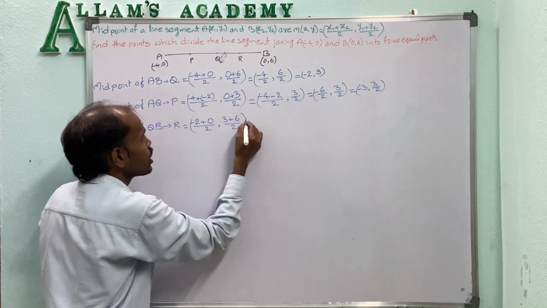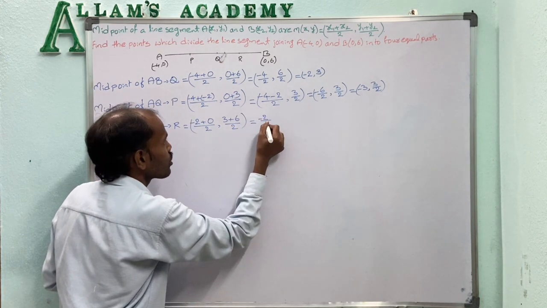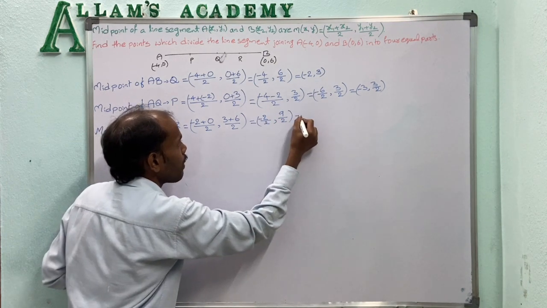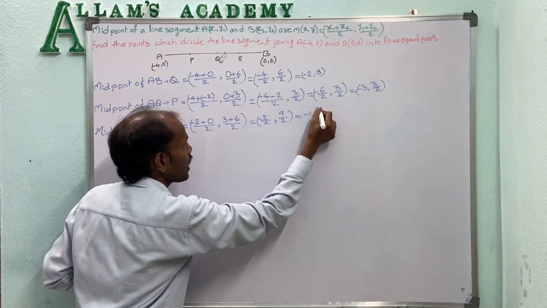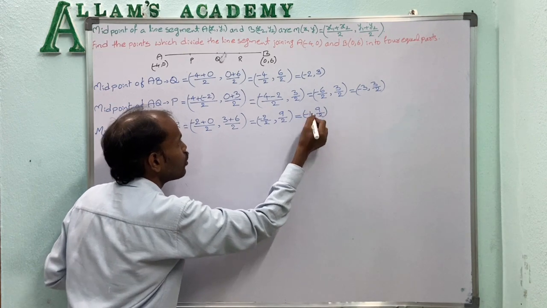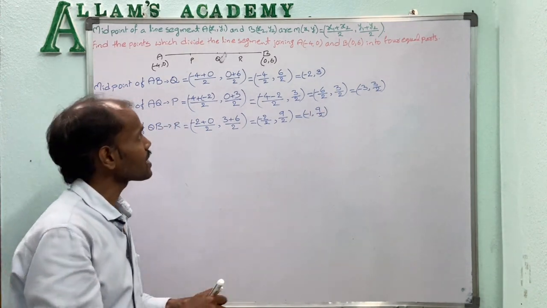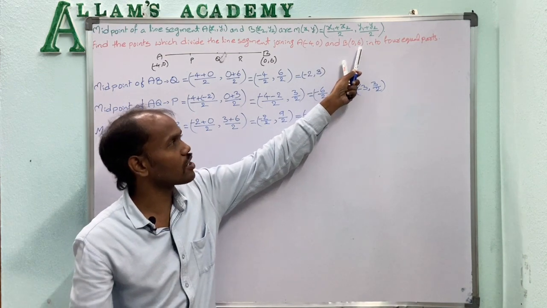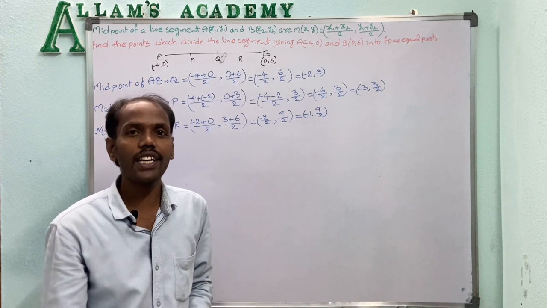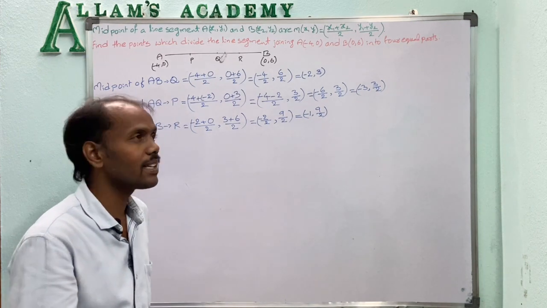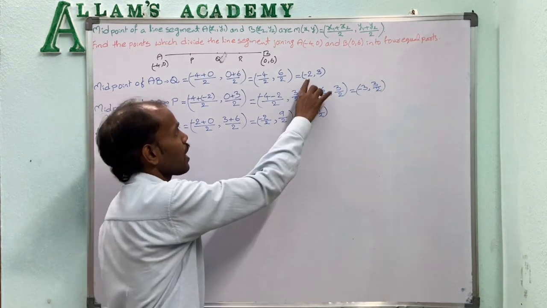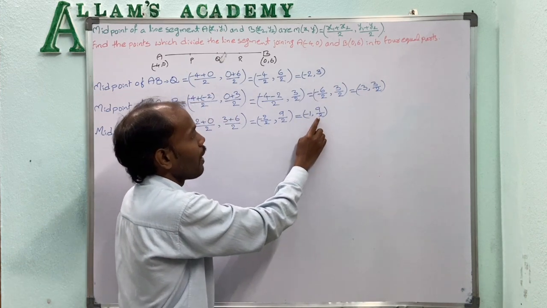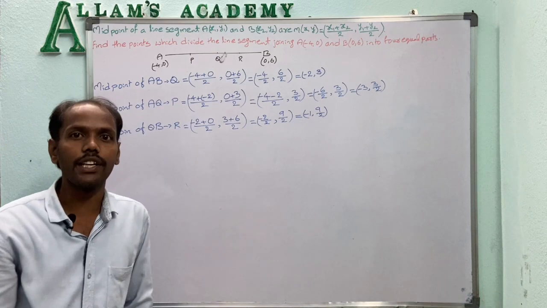Minus 2 plus 0 is nothing but minus 2 by 2, 3 plus 6 is 9 by 2, minus 2 by 2 is minus 1, comma 9 by 2. So the line segment joining the points minus 4 comma 0 and 0 comma 6, divided into 4 equal parts, the dividing points are minus 2 comma 3, minus 3 comma 3 by 2, minus 1 comma 9 by 2.